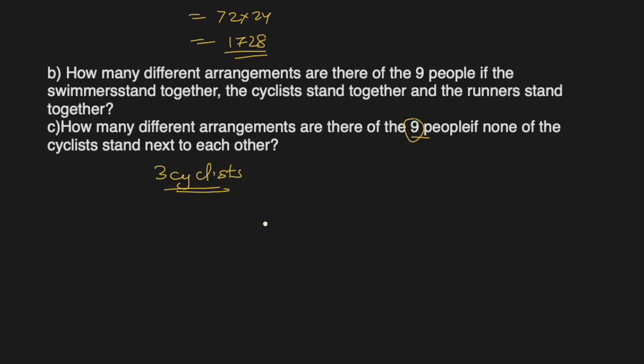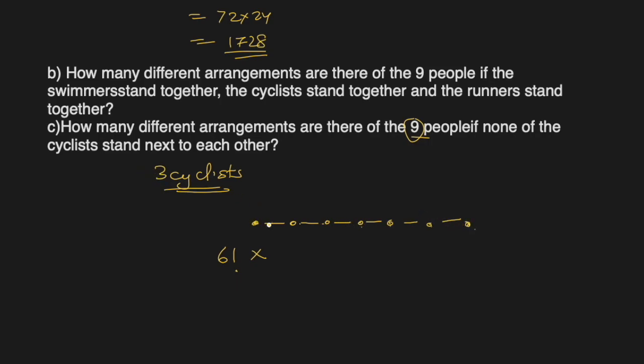So how many people are left now? 1, 2, 3, 4, 5, 6 people left, which are swimmers and runners, right? So these 6 people can change their place in 6 factorial ways, correct? Now these 3 cyclists have to choose places so that they are not together. How many places are there? There are 7 places, 1, 2, 3, 4, 5, 6, 7, denoted by these circles.